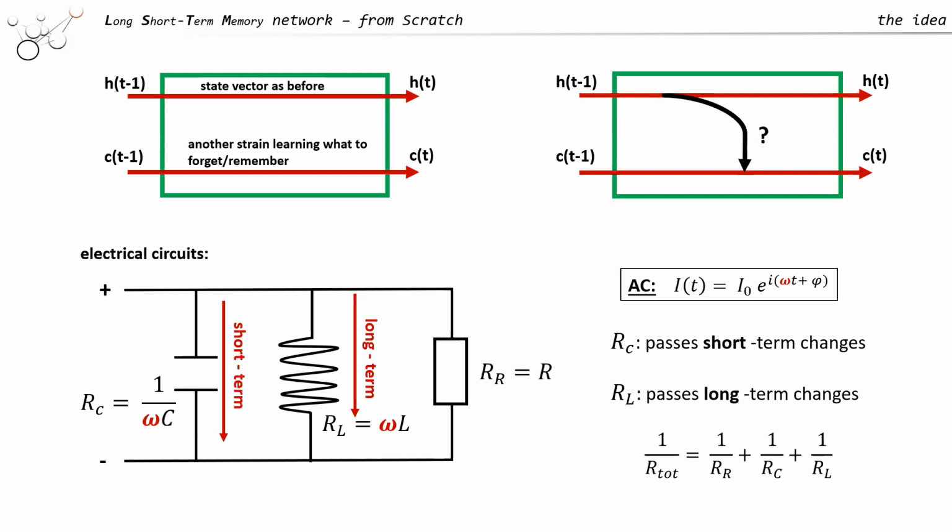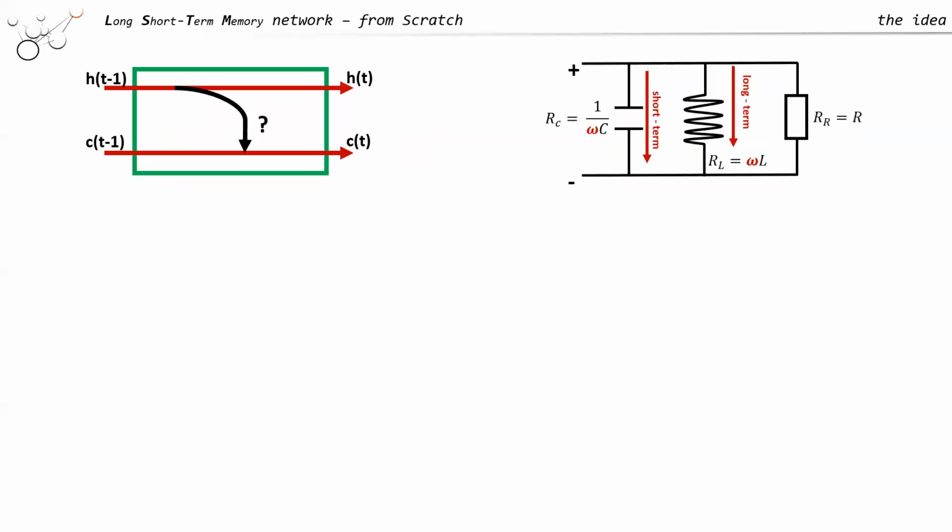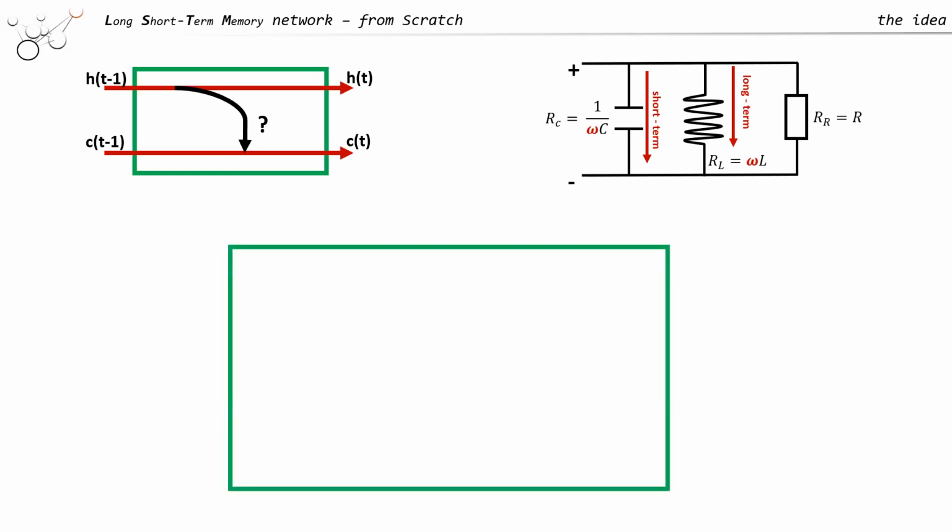You can't predict that, so the network should learn to forget about the noise. So that's the idea, that we have this communication between the different strains, H and C.